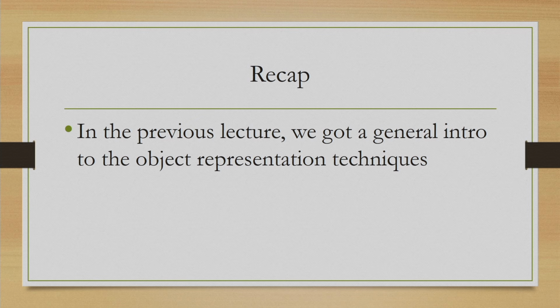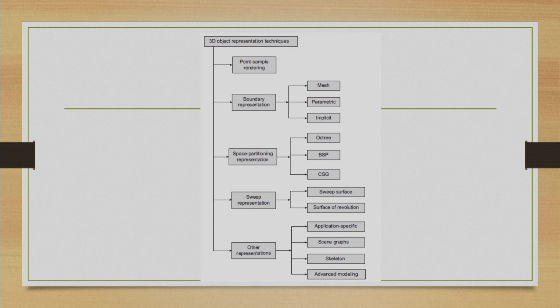Now, what we have learned in the previous lecture, we got a general introduction to various object representation techniques. What were those techniques that we discussed? One technique is point sample rendering, then we have boundary representation technique, space partitioning technique and sweep representation technique. These are the 4 broad categories we mentioned, each of which has subcategories.